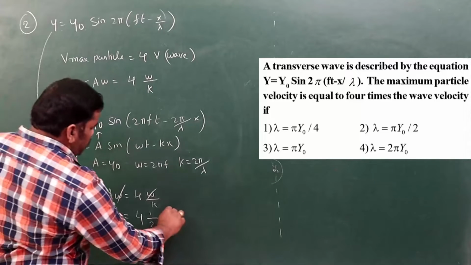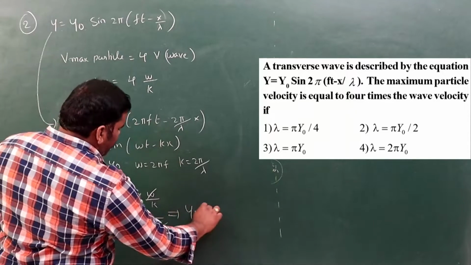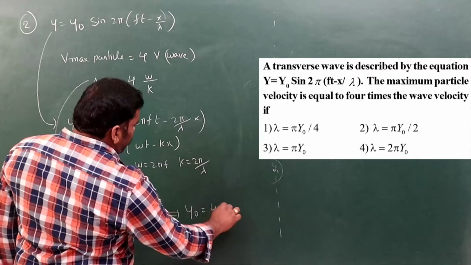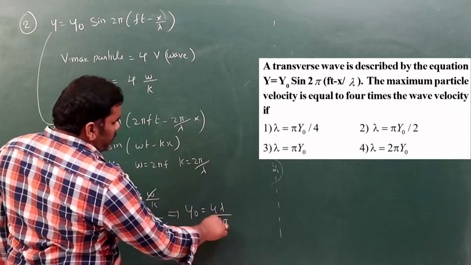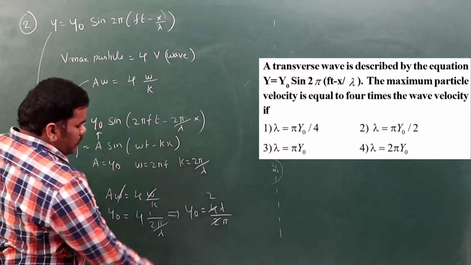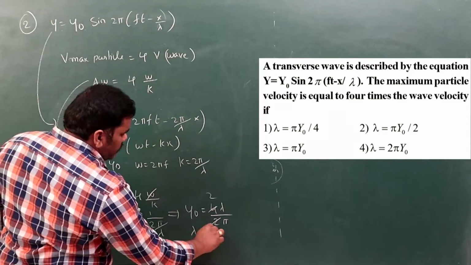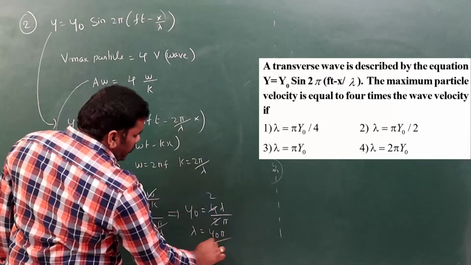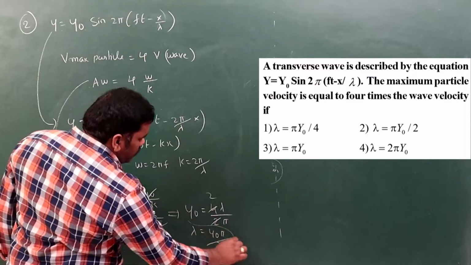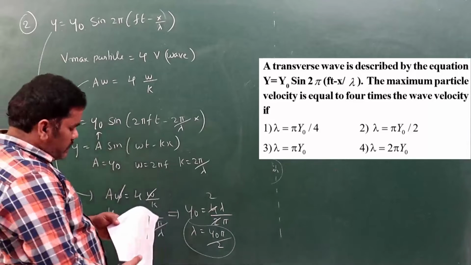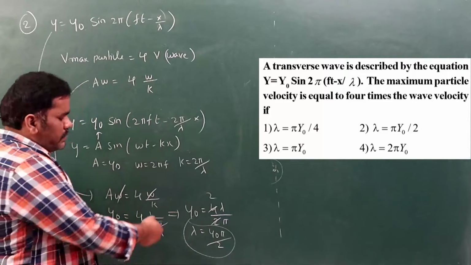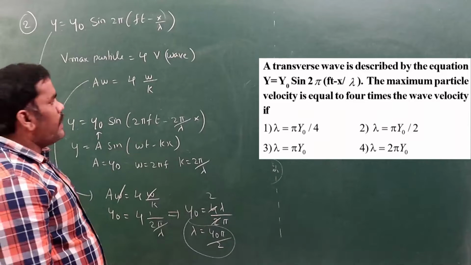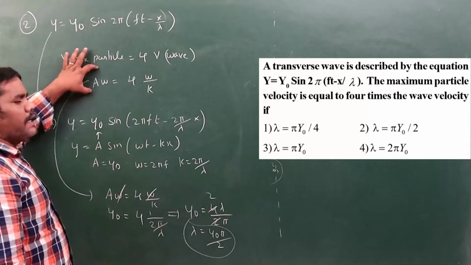So that is y naught is equal to 4 lambda by 2 pi. The 2s get cancelled. So from this, lambda is equal to y naught pi by 2. The second option is correct.